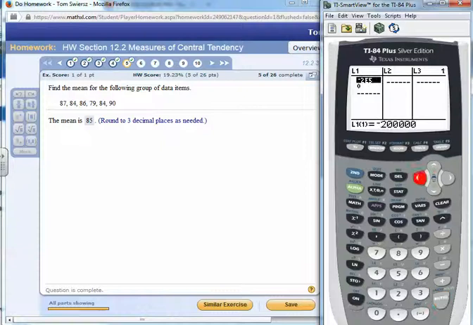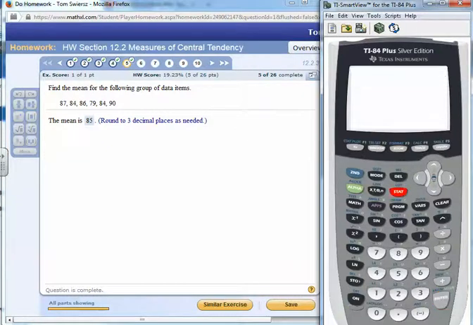Highlight L2 with your arrow keys, then hit clear, and then hit enter. Don't hit delete. So what did we do to get here? We went to Stat, Edit was already highlighted, so we just hit enter, and there are our values.